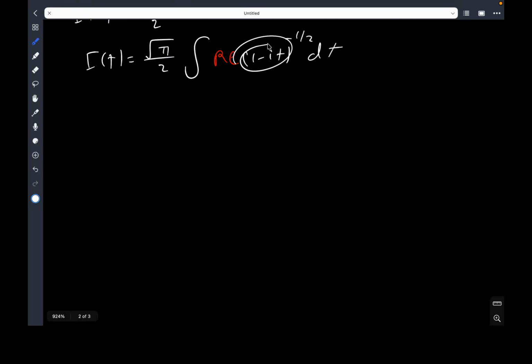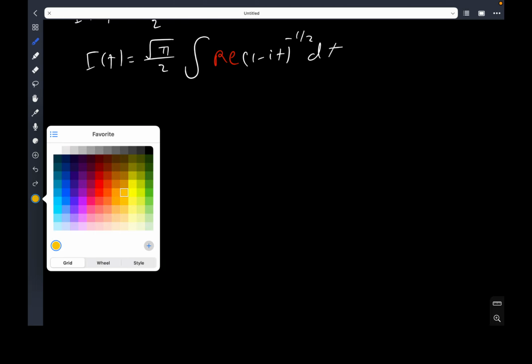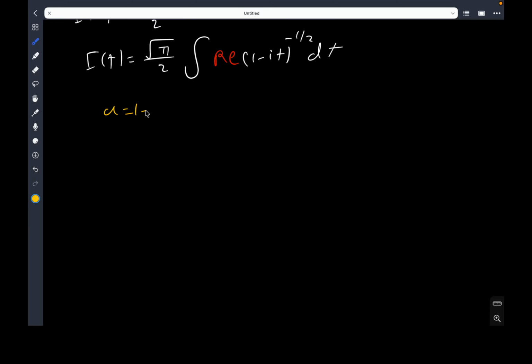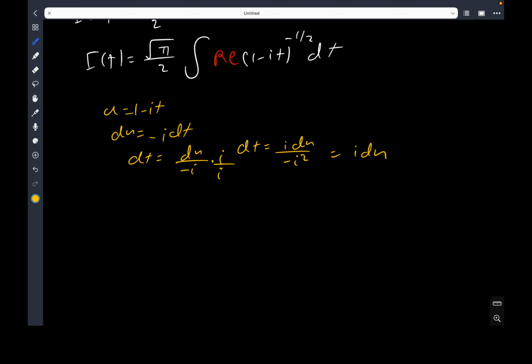So here I'm going to define u, again a u substitution, to be 1 minus it. du is negative i dt, dt is du over negative i, and multiplying and dividing by i, I get i du over negative i squared, which is negative 1, thus it's going to be i du.